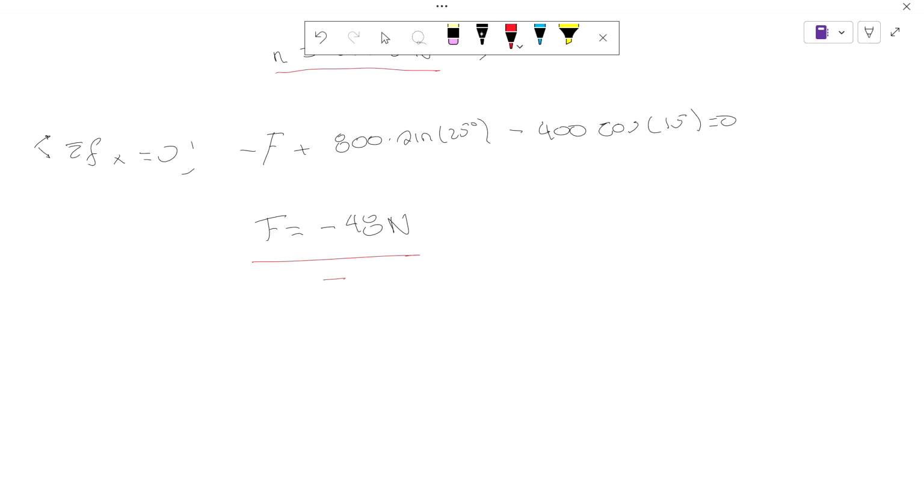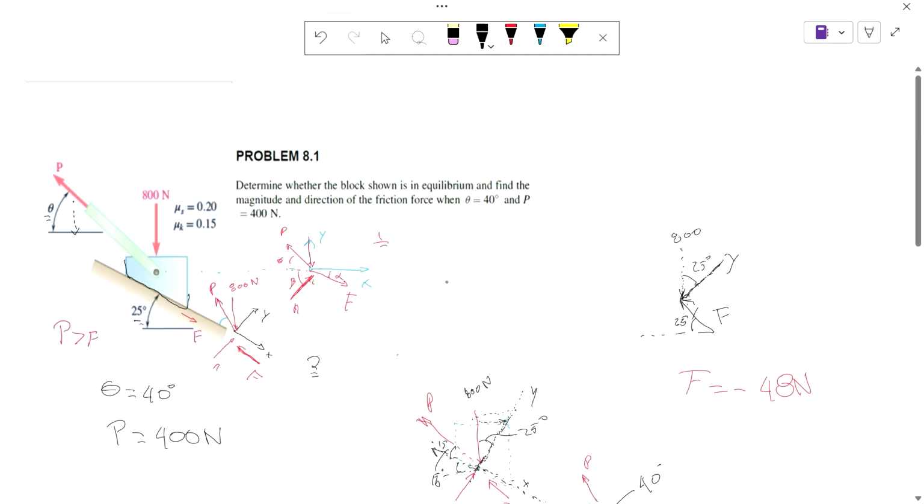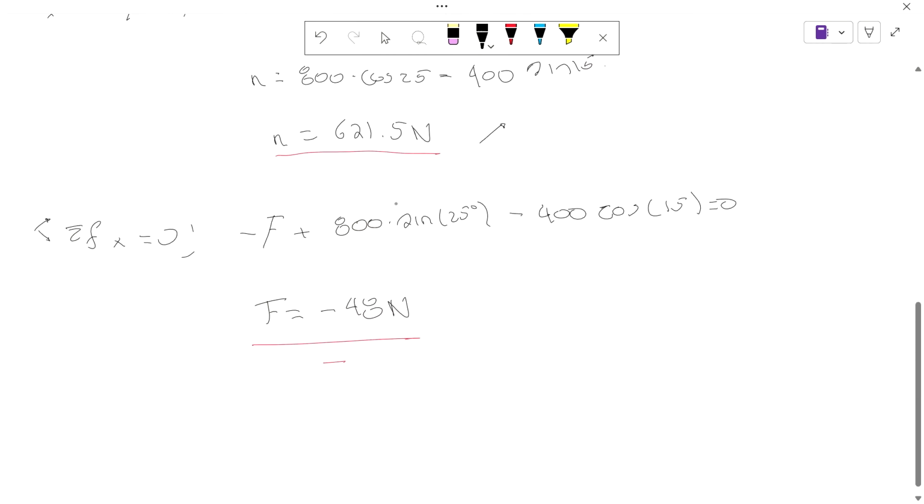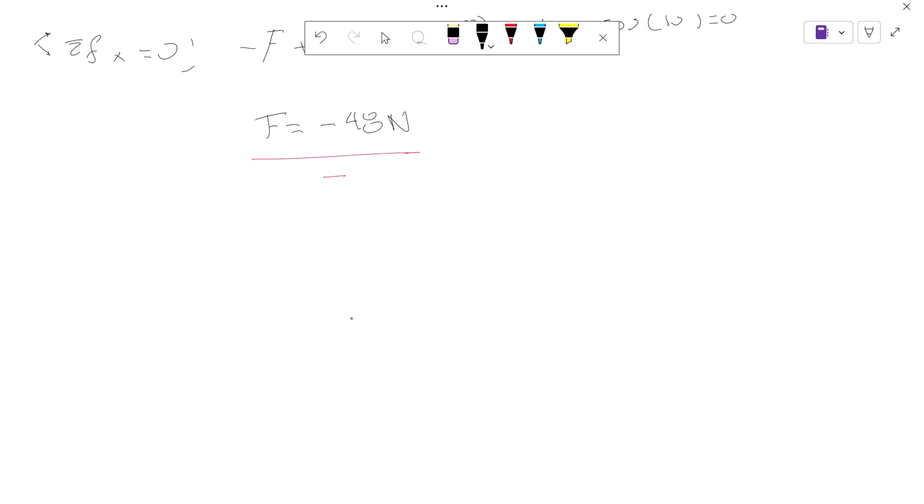So let's see if they have any other questions here. So determine whether they're in equilibrium and find the magnitude and direction of the friction force. Yeah, so the friction force is negative 48, but they're giving us the kinetic coefficient of friction.